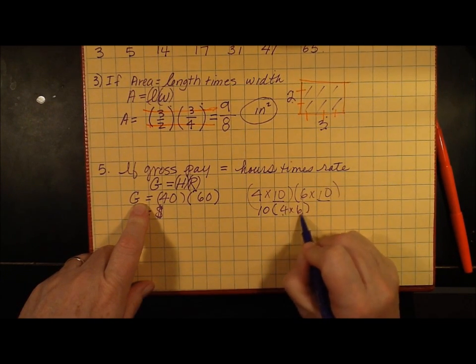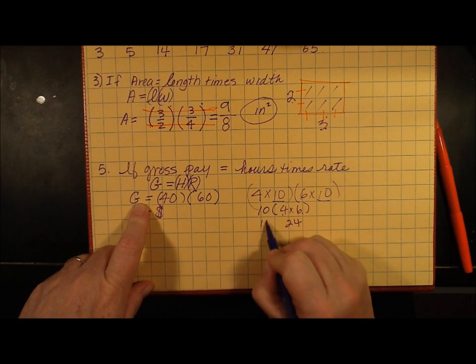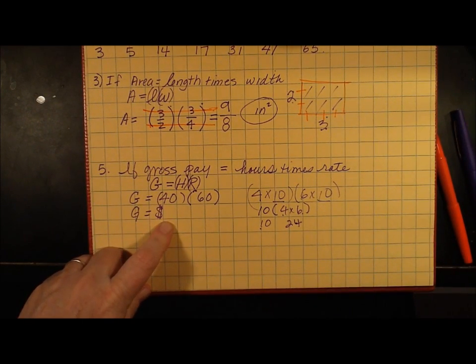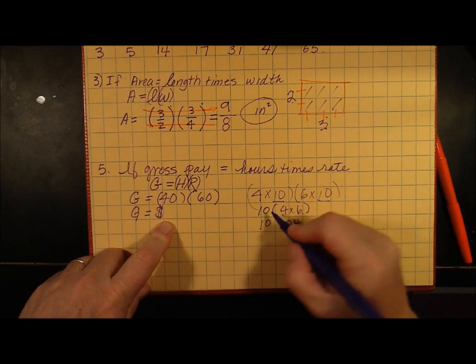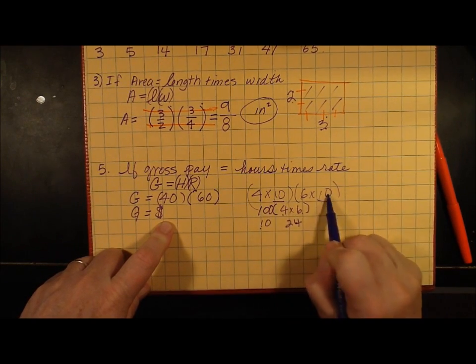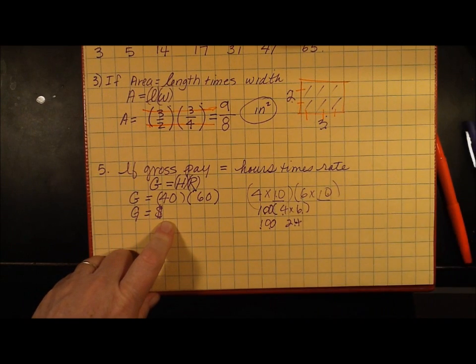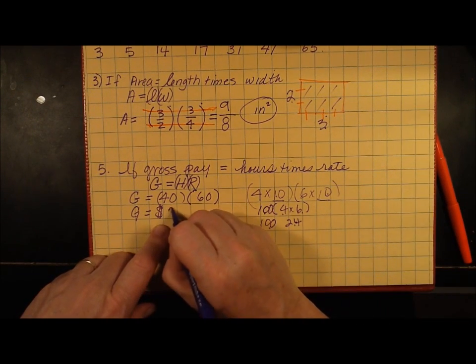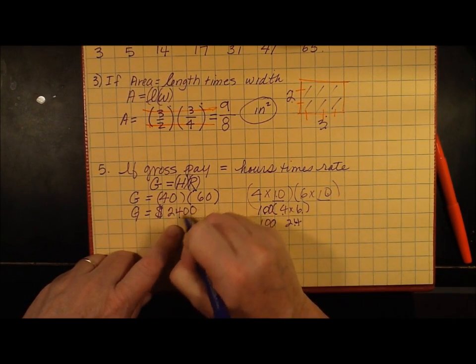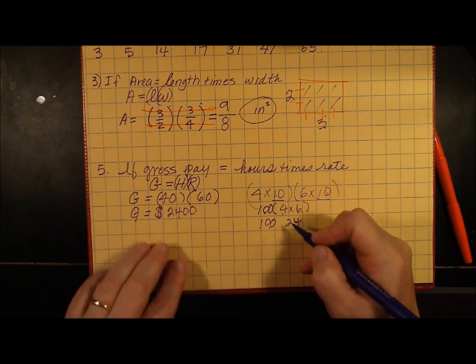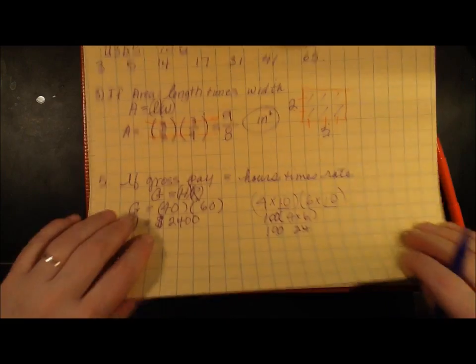And look, 4 times 6 is 24, 10 times 24 is 240, so silly me, that's 100. 10 times 10 is 100, much better. So 100 times 24 makes $2,400. That's their gross pay. So that's numbers 3 and number 5.